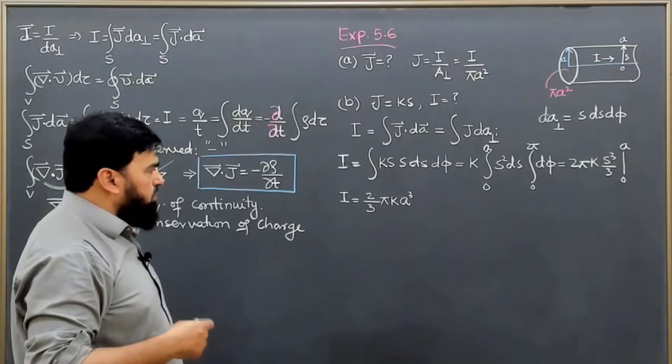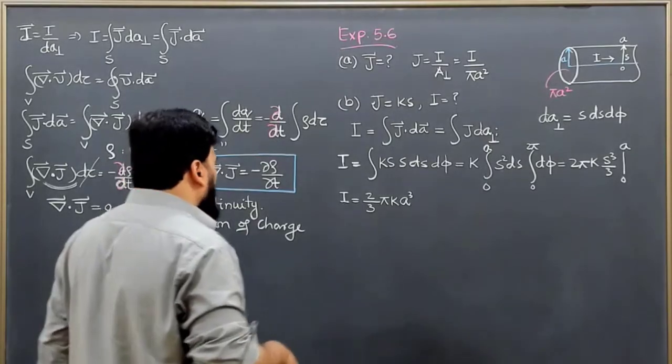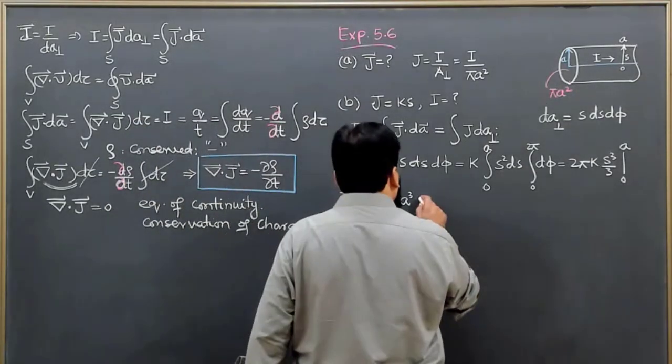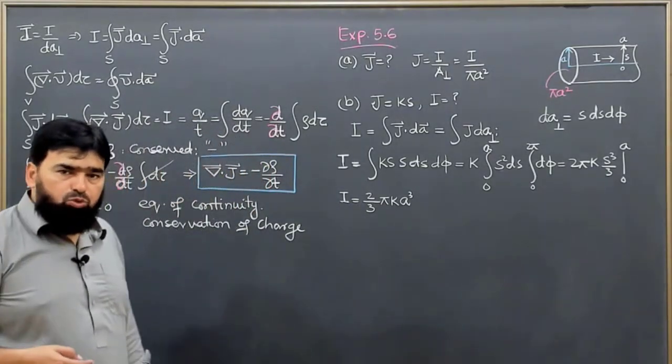So this is the total current flowing in that wire, which has a non-uniform distribution of current.